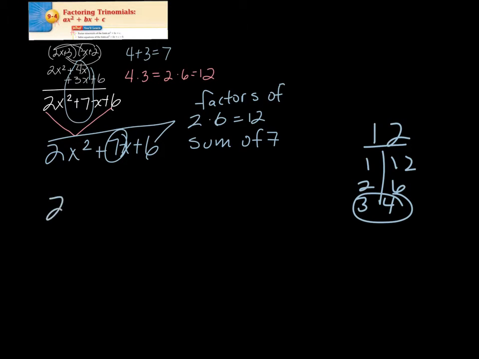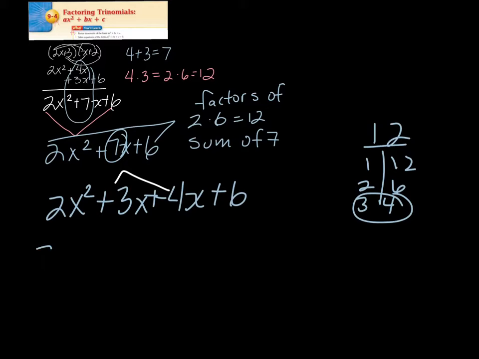So we could write that as 2x squared plus 3x plus 4x. Doesn't matter what order you put the 3 and 4 in, because they're both plus. And now I have 4 different terms, and so I know I want to do factor by grouping. Of course we know 3 plus 4 is 7, so we haven't changed the value of the polynomial.